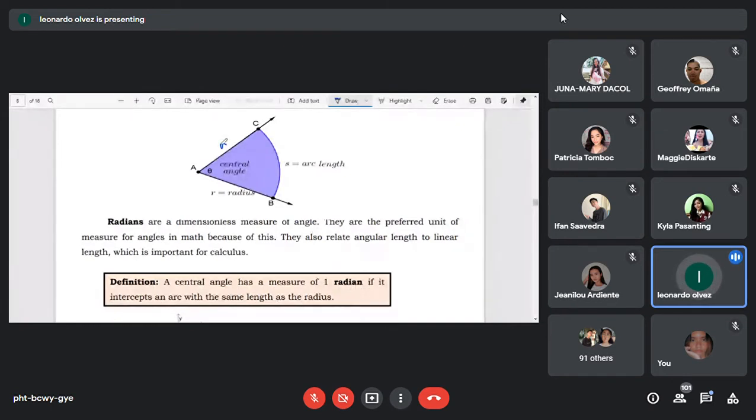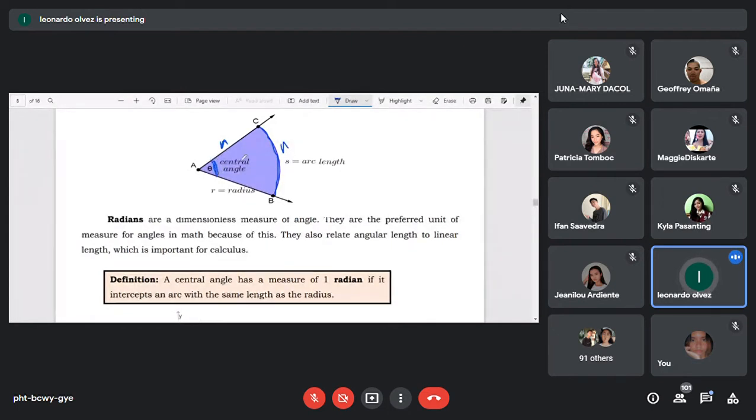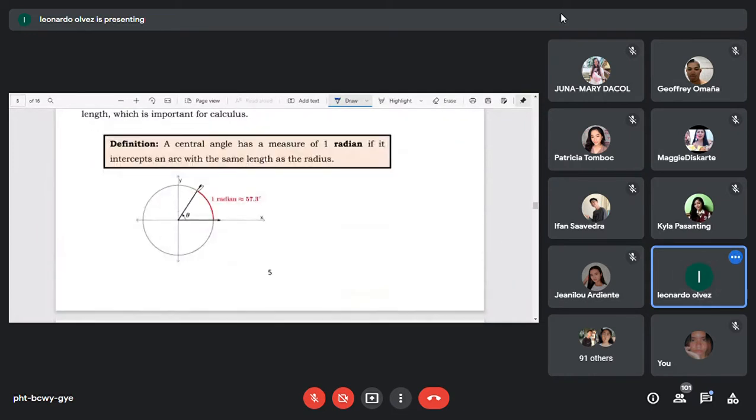So class, if r is equal to the arc length, then this central angle theta is what we call 1 radian, and that is approximately equal to 57.3 degrees. 1 radian is equal to 57.3 degrees.